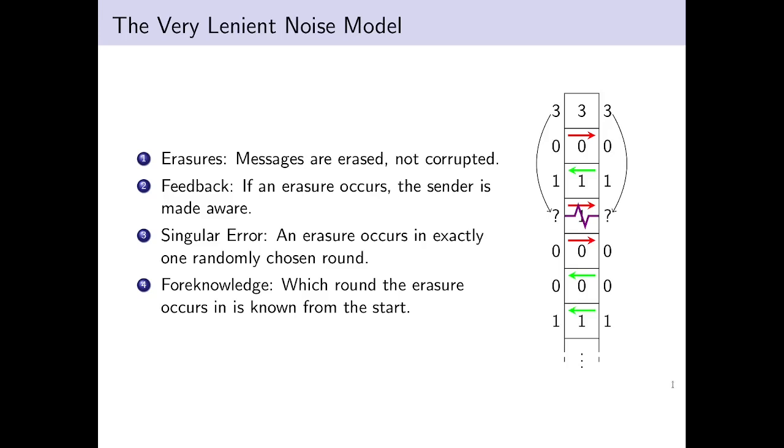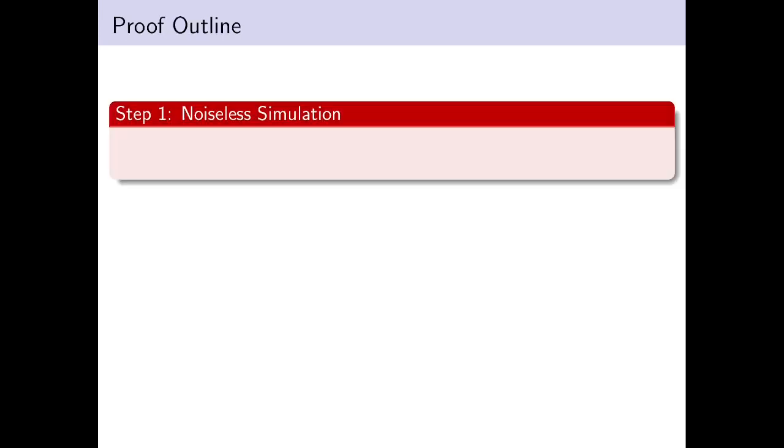The only catch is, when running this noiseless simulation, they might not quite be running it with the order of speaking that they requested, because one round will be deleted. But as it turns out, this very lenient noise model is still enough to prove that the rate is bounded away from 1. So, with that in mind, let's talk about how we actually go about proving our result.